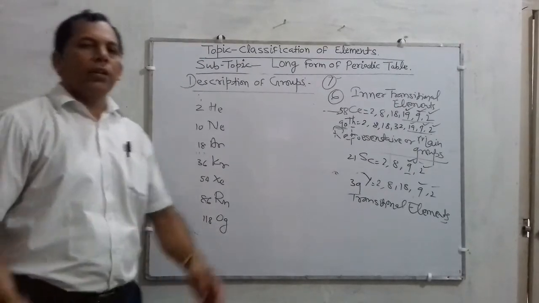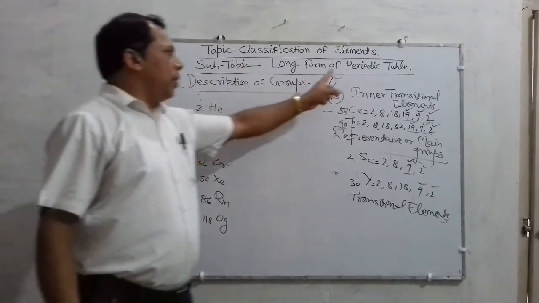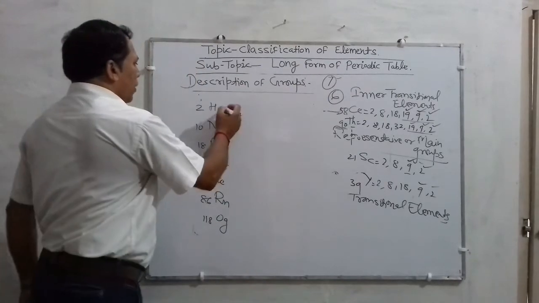This is the last element of our periodic table. So if you write according to the property, all the cells will be fully filled.